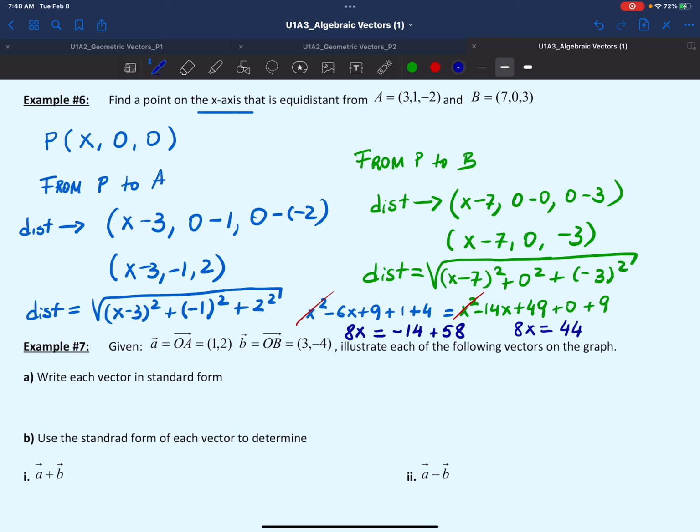And x must be 44 over 8. Or in a simpler form, divide both by 4, we have 11 over 2. So therefore, we're going to say the point P must be 11 over 2, 0, and 0.